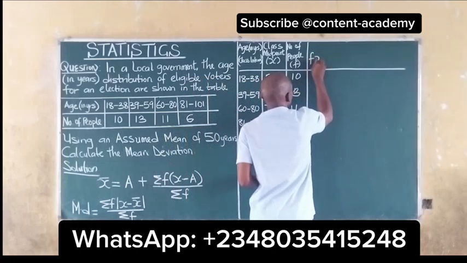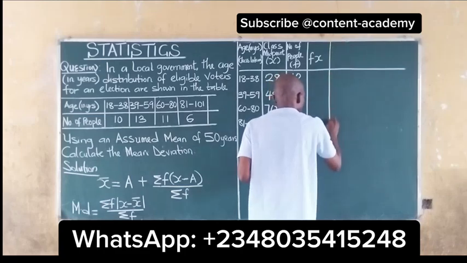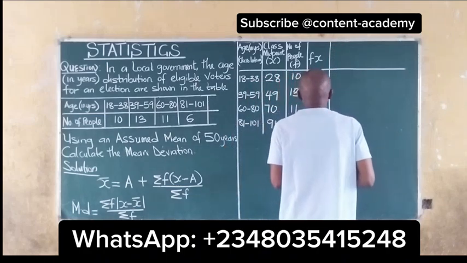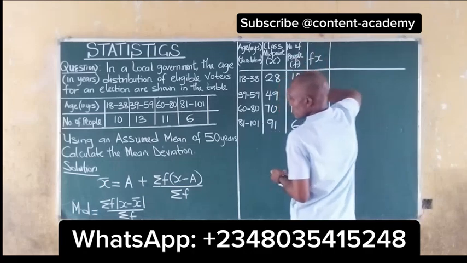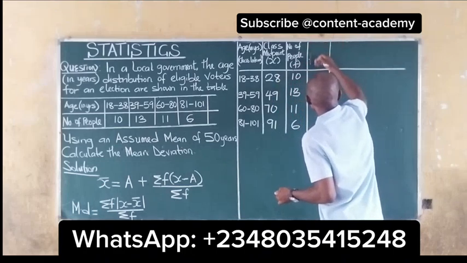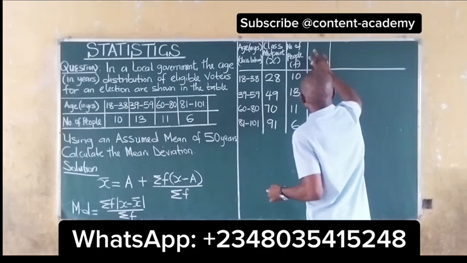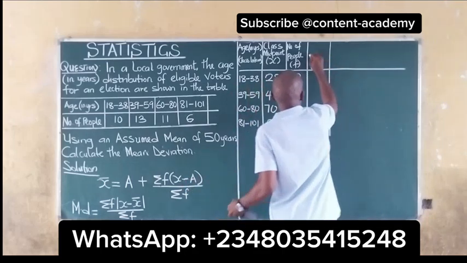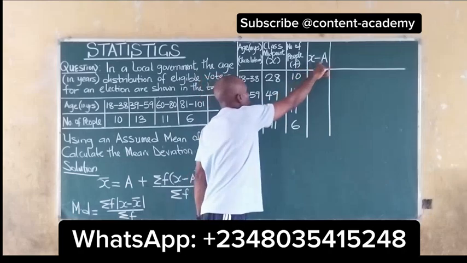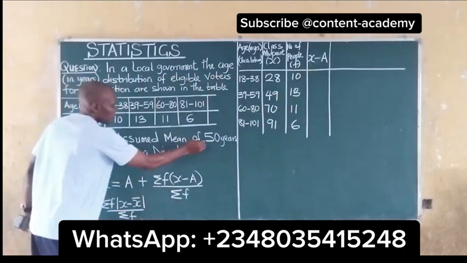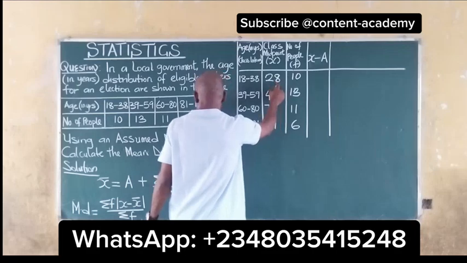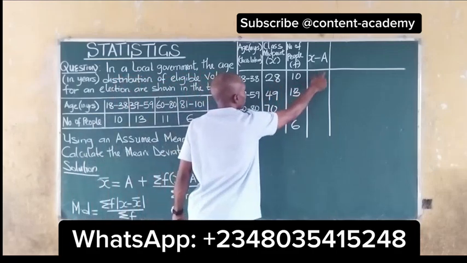Now, since we have x minus a, where a is the assumed mean and our assumed mean is 50, the individual values of x minus 50 will give us x minus a.